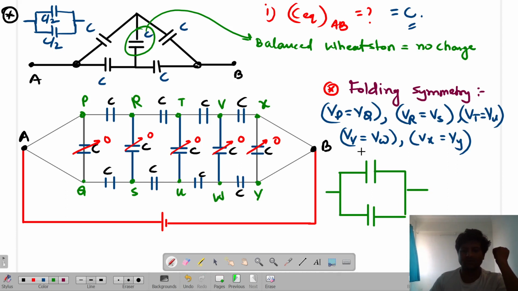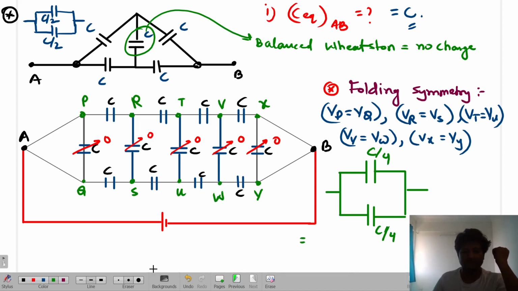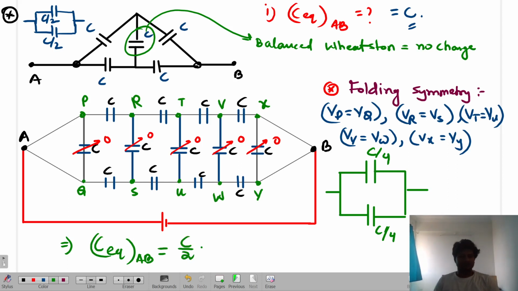So this is C by 4, this is C by 4. So net equivalent capacitance along AB, if I add C by 4 plus C by 4, it is C by 2. Are you able to get me or not?